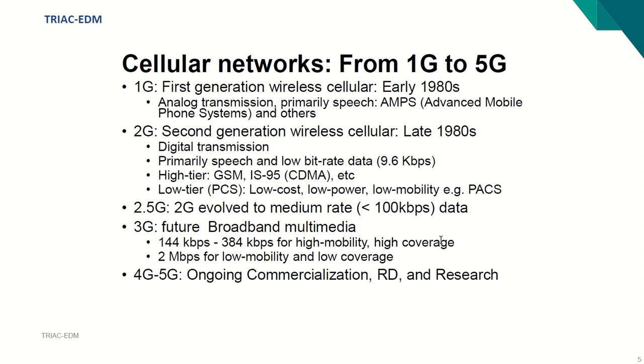You still lost connections from time to time if you moved too fast, or went through a tunnel, or went through the boundaries of the cell coverage, then you lose some connectivity. And for low mobility and low coverage, it will be 2 Mbps.